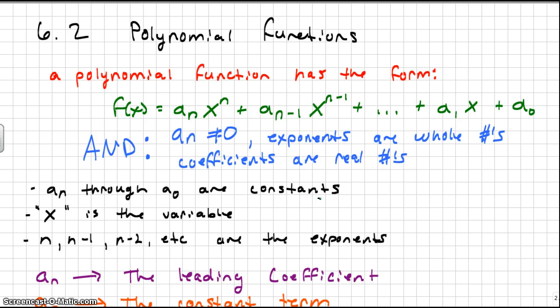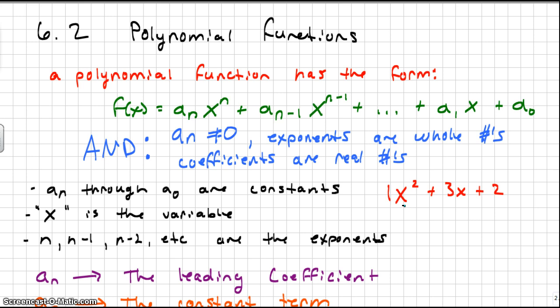So what you're used to seeing is something along the lines of, say we write a quadratic, x squared plus 3x plus 2. Okay, this follows the same form as a polynomial function because it is a polynomial function. In this case, our a sub n is 1.